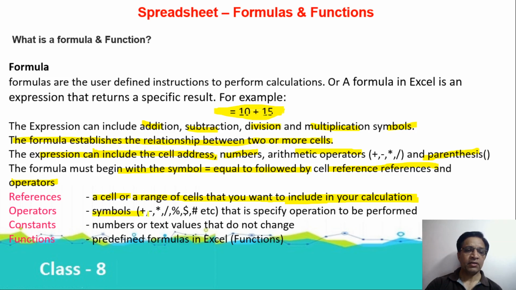Then the various arithmetic symbols are available like addition, subtraction, multiplication, division, percentage, dollar sign, and hash, etc. These are the various symbols that can be there in an expression. Then they can have a constant, like numbers, or text can also be a constant value depending upon the formula we are defining. Then functions, they are the predefined formulas in Excel. We will talk about this later.